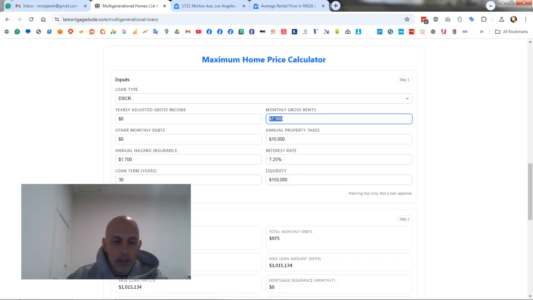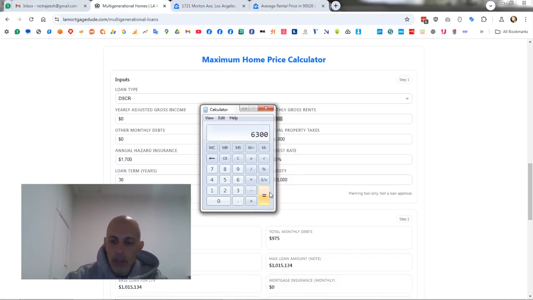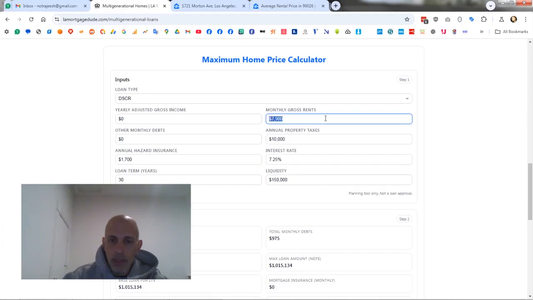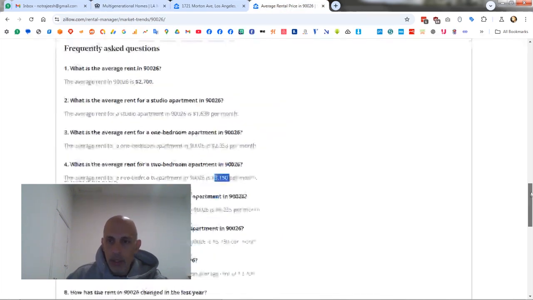And since it's a DSCR loan, you're actually doing 3 units, so $31.50 times 3, $94.50. Hazard insurance would stay the same. Property taxes, this is what?